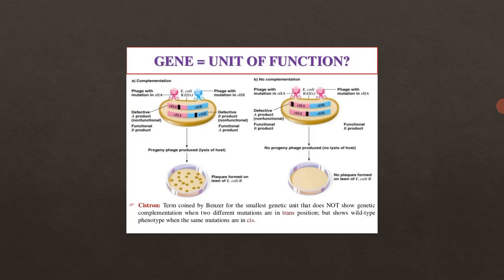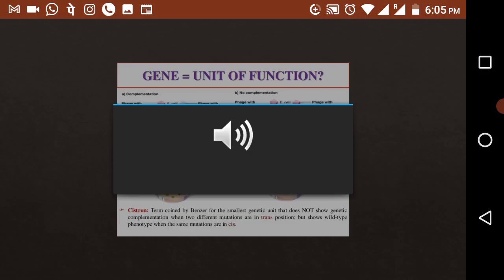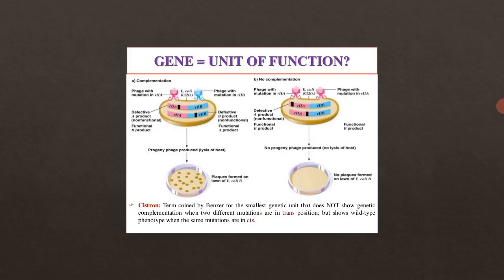Because the mutations are present in the same gene, and so the gene does not have any different product or different gene with which it can pair to complement, and therefore it will not produce any product. So that is the case of no complementation. We also call it the cis configuration and intragenic complementation, right?